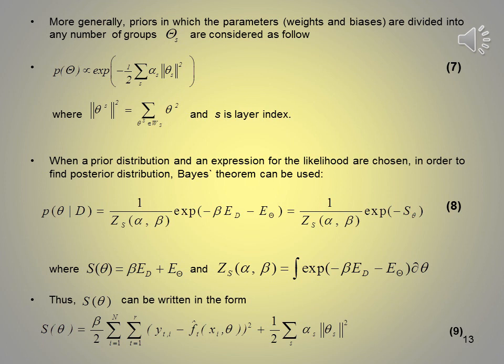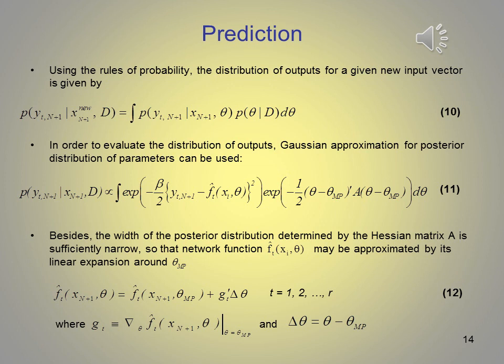There are two hyperparameters in equation 9, beta and alpha. While beta controls noise, alpha deals with complexity. Using the rules of probability, the distribution of outputs for a given new input vector is given by equation 10.